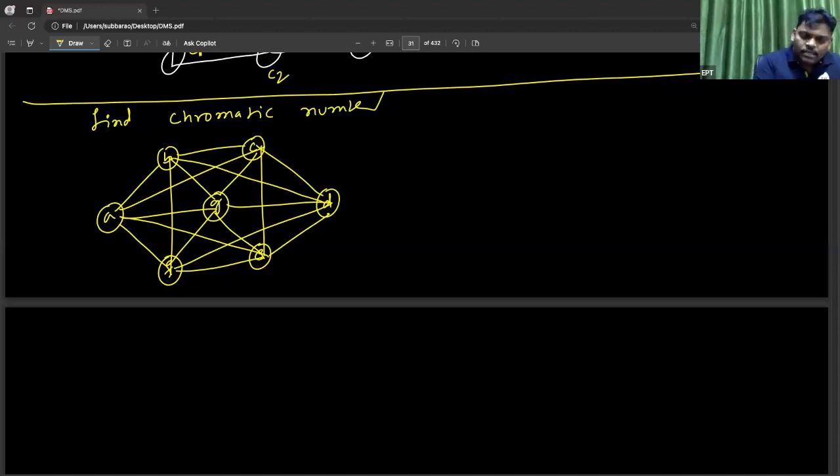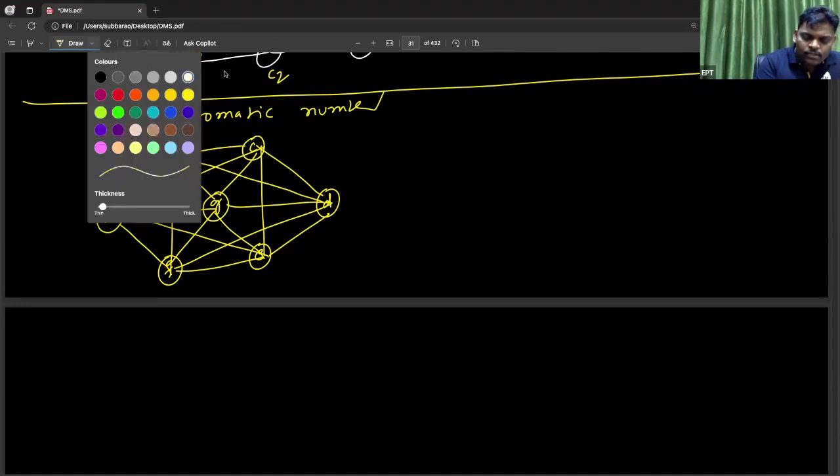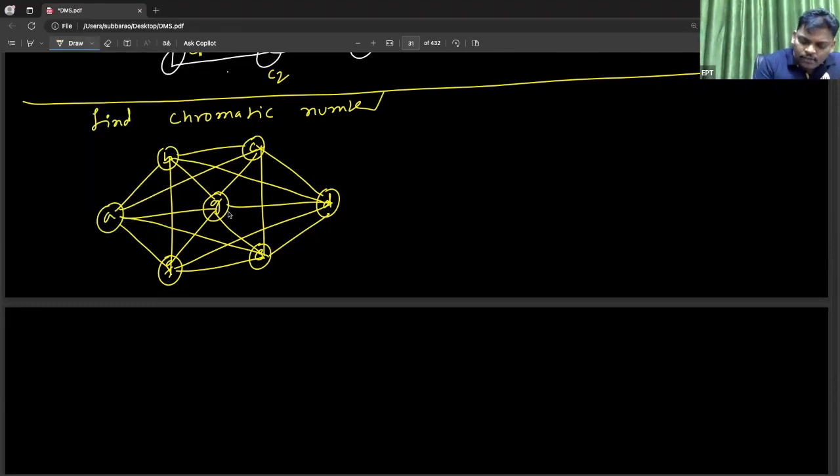Yeah, let's try one time. See this one, it is C1, it is C2, it is C3, because there is a C. I think a 3 length cycle is there until now, C1, C2, C3. What about this side? Can I keep C2? Yes, extreme corner. Can I keep C3? Extreme corner. Are you okay till now?